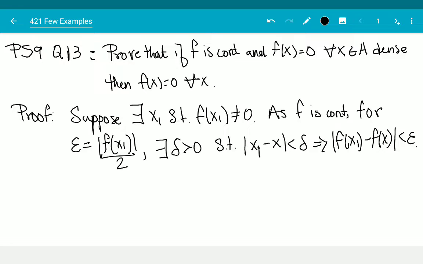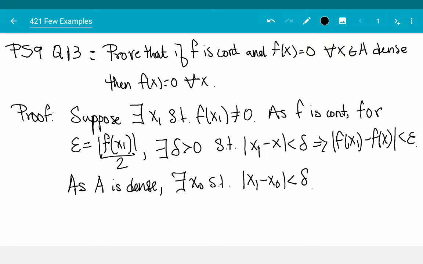So now, as A is dense, there exists an x naught such that absolute value of x1 minus x naught is smaller than delta, right? This is the definition of dense: given any point x1, at any distance delta, you can find an x naught within that distance.